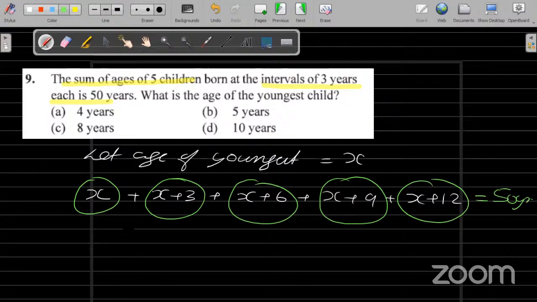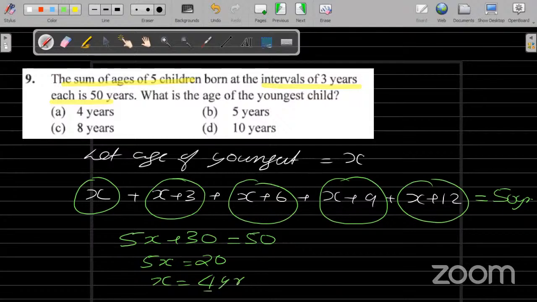So adding the 5 numbers, I'll get 5x plus 3 plus 6, 9 plus 9, 18 plus 12, 30. 5x plus 30 equals 50. That gives 5x equals 20, or x equals 4 years. Since we have taken the age of the youngest as x years, the age of the youngest one is 4 years.